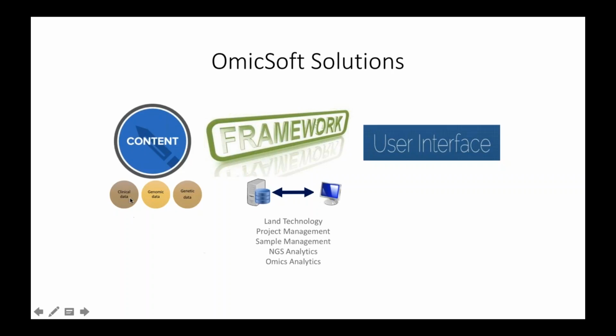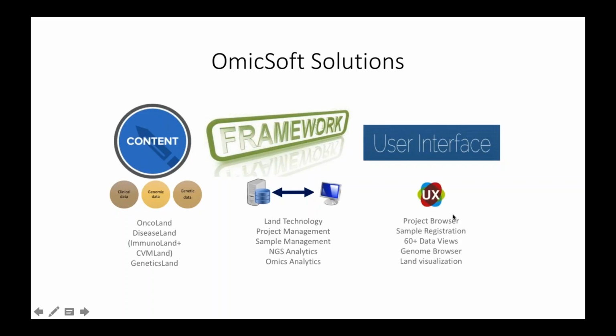In content, we of course have clinical data, genomic data, and our different lands. We have OncoLand, and our DiseaseLand product, which includes ImmunoLand, CBM Land, as well as GeneticsLand. And of course our user interface, which has different parts to it. We have the land visualization, the genome browser, the project browser, the whole analytics side of things, and then 60+ different data views.